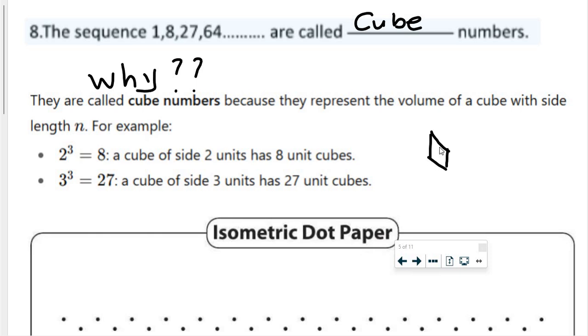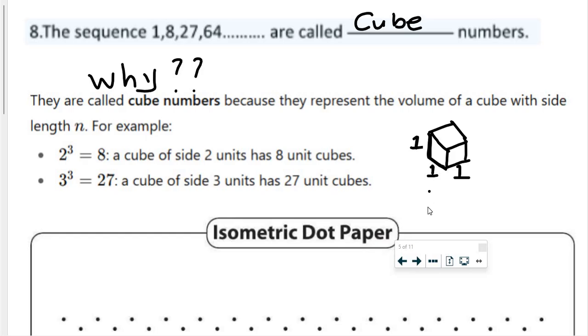A cube looks like this. That is a cube. If, for example, from here to here is 1 unit, and here is 1 unit, and here is 1 unit, what is the volume of this cube?